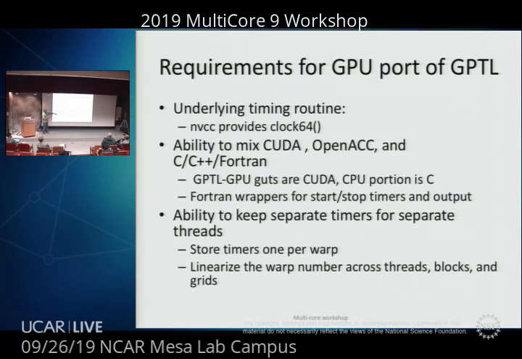And so that saves a factor of 32, given the warp size is 32. Also, in the output, what I do is linearize the warp number. You've got 3 different thread indices and 3 different block indices, and mainly for efficiency, I linearize that warp number, both in the internal calculations and in what gets printed out as part of the output when you call the print routine.